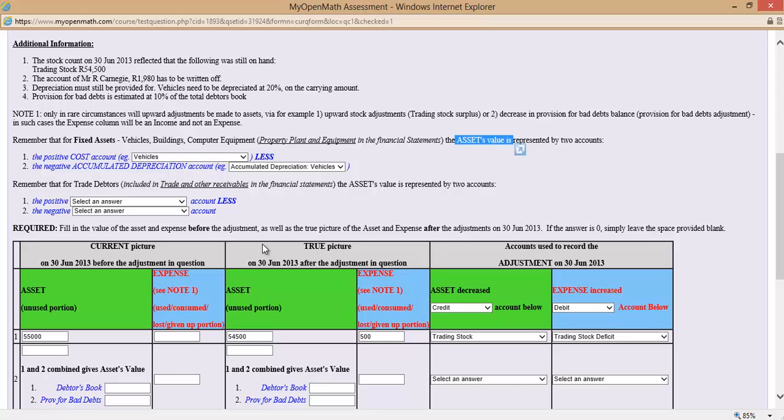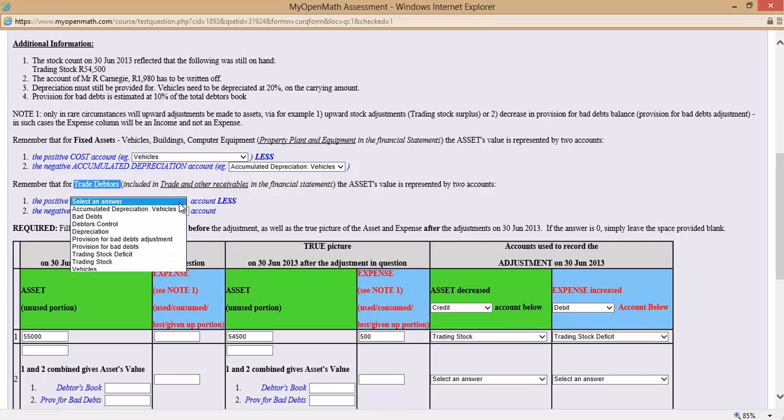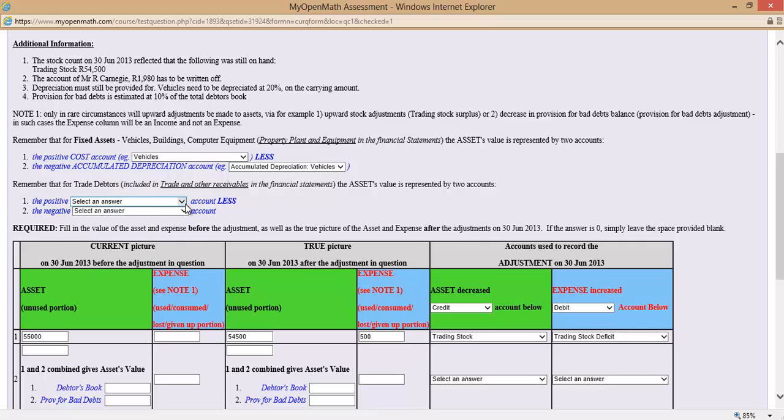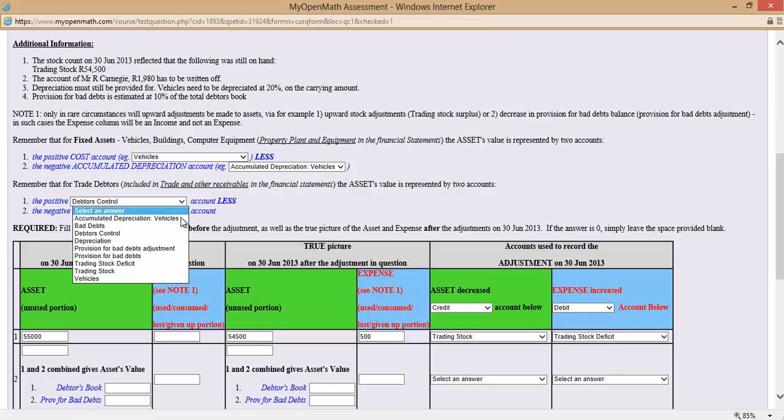We said that a couple of times. Then the same thing is true for trade debtors, which will eventually end up in trade and other receivables in my financial statements. The value of trade debtors is represented by two accounts as well. The positive account for trade debtors is debtors control, and the negative account, also in the balance sheet section, is the provision for bad debts account, not the provision for bad debts adjustment account.